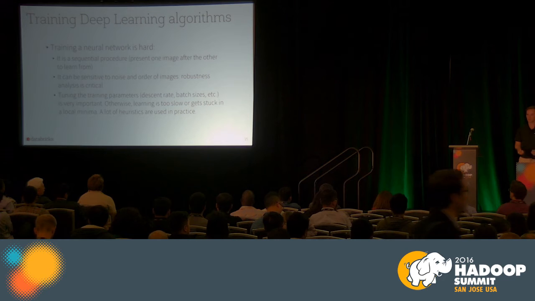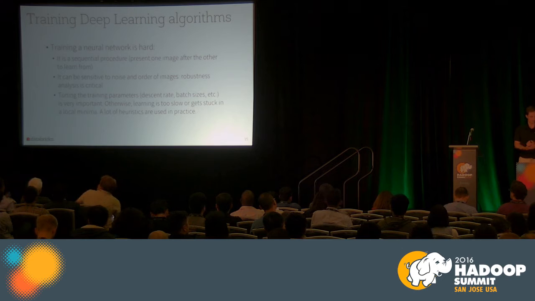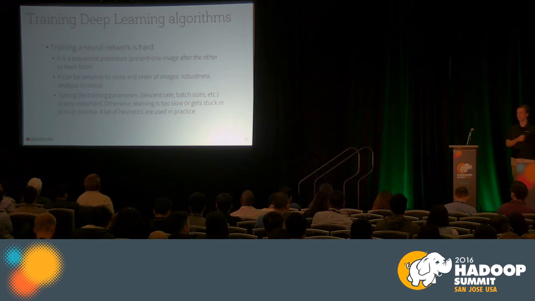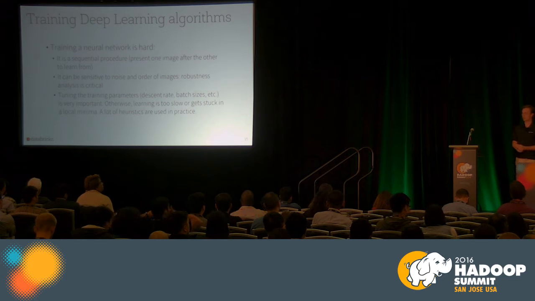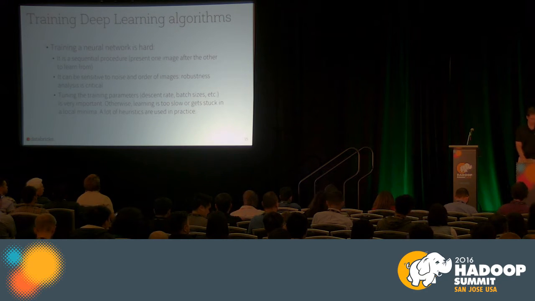For example, you need to have very specific descent rates, batch sizes, and some other parameters like the sizes of your neural network. And if you don't do that, it will either never converge in a reasonable amount of time, or it will converge very quickly to something that is irrelevant. And figuring out exactly which are the good parameters is what makes a difference between working or not in practice.